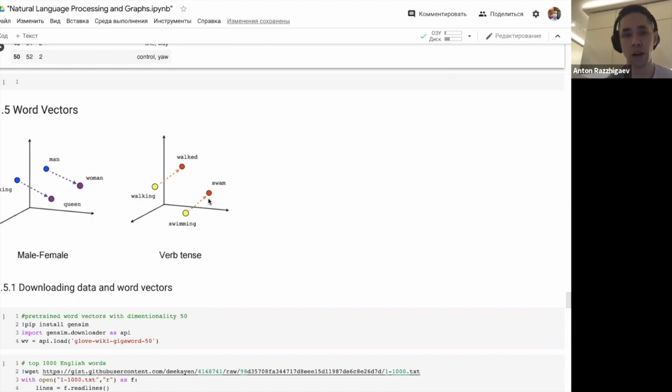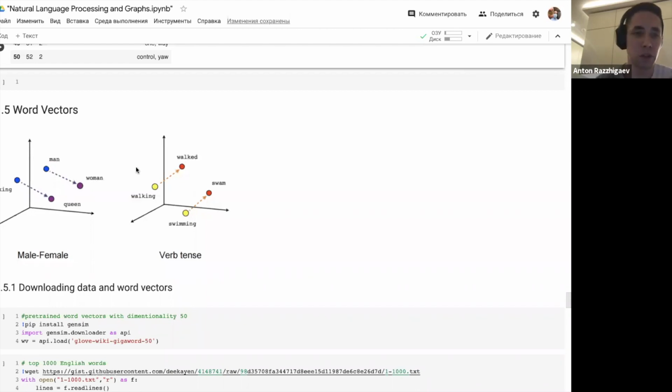So if two words are similar semantically, for example, man and boy, these two words will be similar also in word vector space. And there are some interesting properties of this space, as we can apply some standard linear algebra operations like summation, subtracting of vectors from each other, and computing cosines between these vectors.